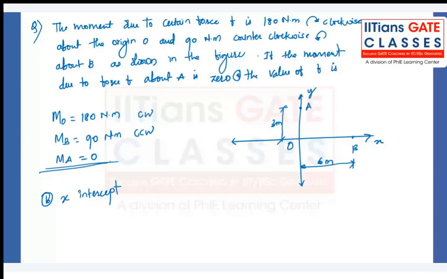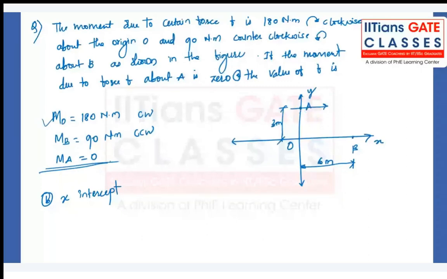See, moment because of the force. So we know that at least force F is passing through point A. We don't know in which direction this is. So assume that it is in any direction. But they have given a few more inputs to us, that moment about origin is clockwise and moment about point B is counterclockwise. So if I consider this figure, is it satisfying this criteria?